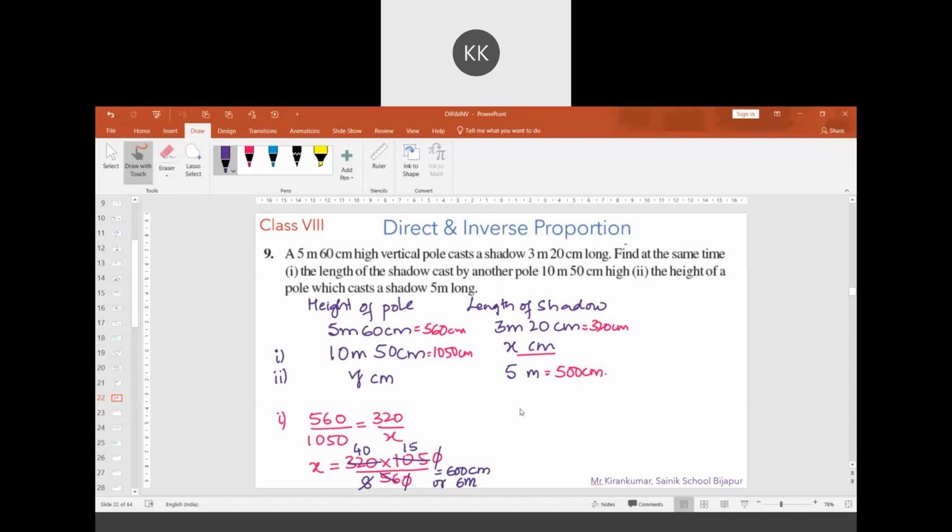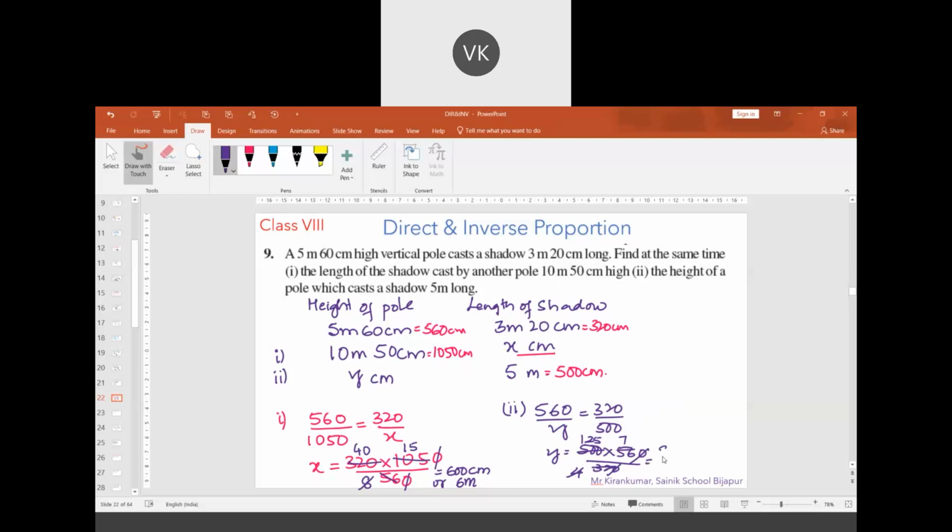For the second one, we require 560 upon height of the pole is equal to 320 divided by 500. So y will be equal to 500 times 560 divided by 320. The 0s will cancel. 8 4s are 32, 8 7s are 56. 7 times 125 is 875.